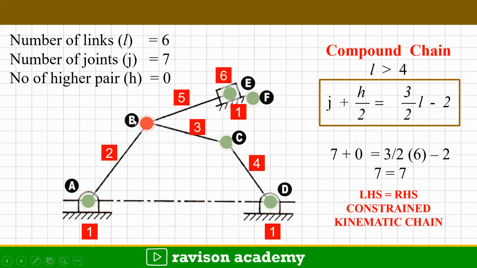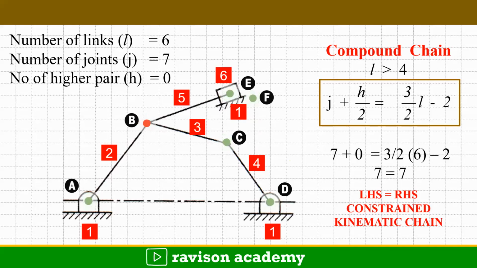So the equivalent binary joints is 2 here. Similarly, C connects 3 and 4, so C is a binary joint. D is also a binary joint which connects 1 and 4. E is a binary joint which connects 5 and 6. And F is a slider pair, which can be taken as a joint, connecting 1 and 6.